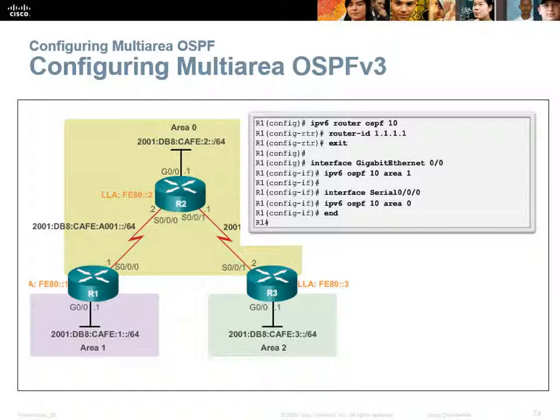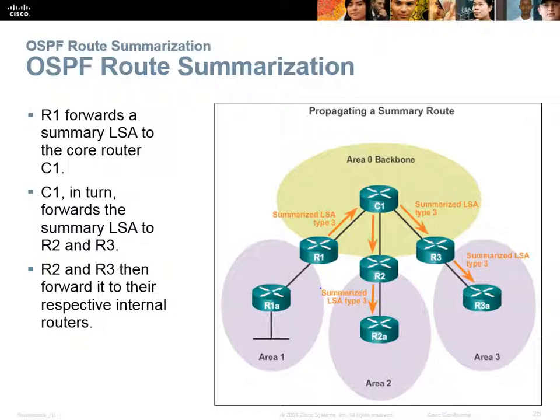We're going to go to the gigabit interface and assign it an area. Where's this area? Area 1. What is this area? Area 0. This serial 0/0/0 is on area 0, right? Does that make sense for you to visually see what I'm talking about?